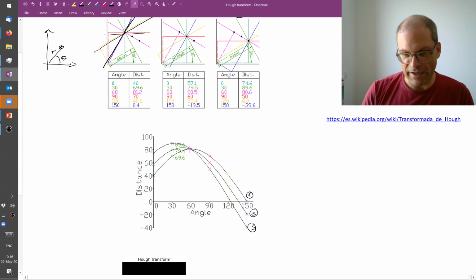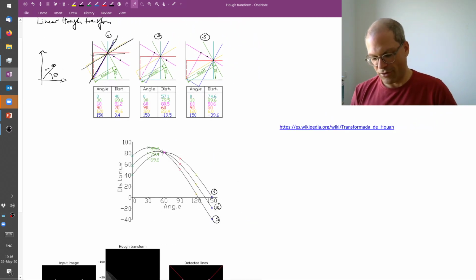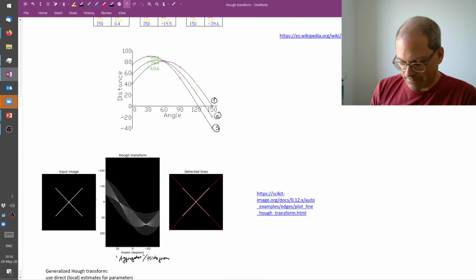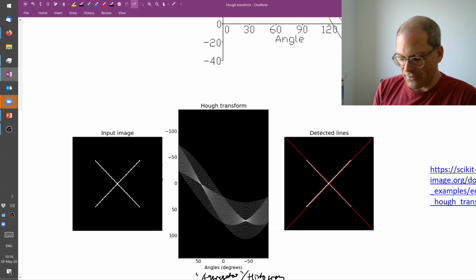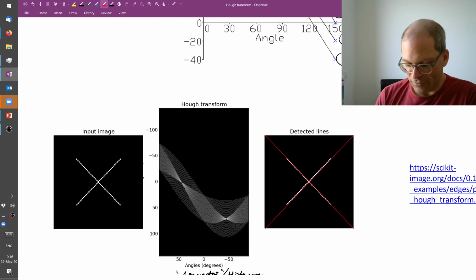So that works for straight lines, but it also works for other parametrized curves. Here's a second example. This time we don't have 3 observations, but each of the white pixels is 1 observation.